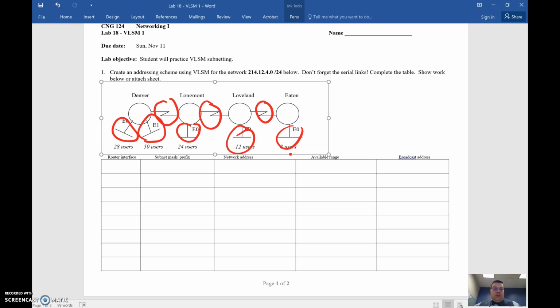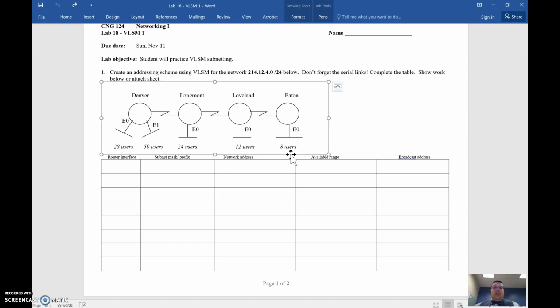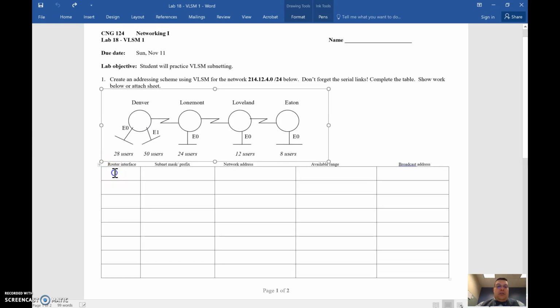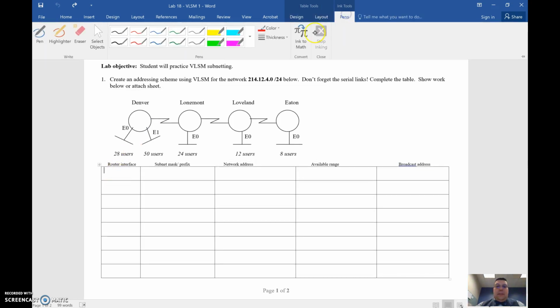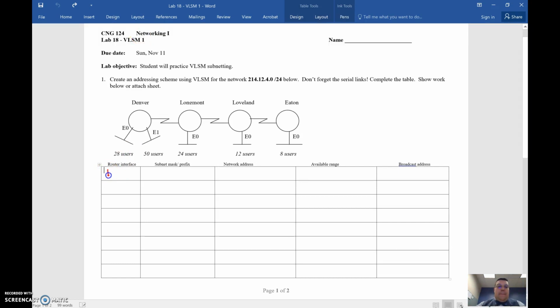So then I start to organize from largest to smallest and say, okay, Denver E1 will have 50 users, so the prefix will be a /26, and then my subnet mask will be .192, and then my network address will be 0.